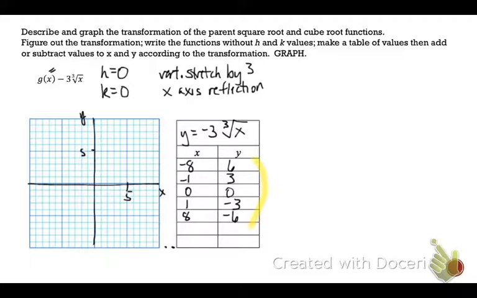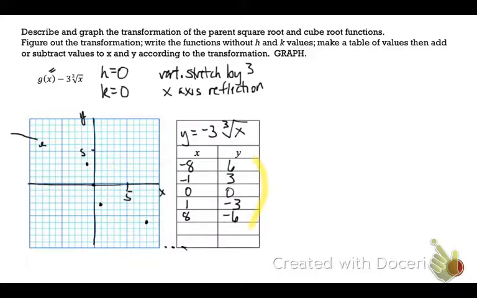And then we'll go negative 1 and up 3. 0, 0. And then 1, sorry, 1, negative 3. And then finally positive 8 and negative 6. 5, 6, 7, 8. All right.